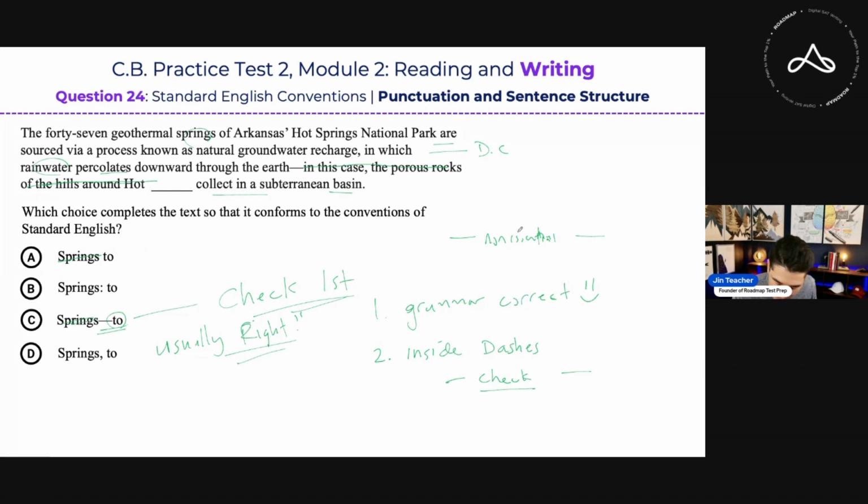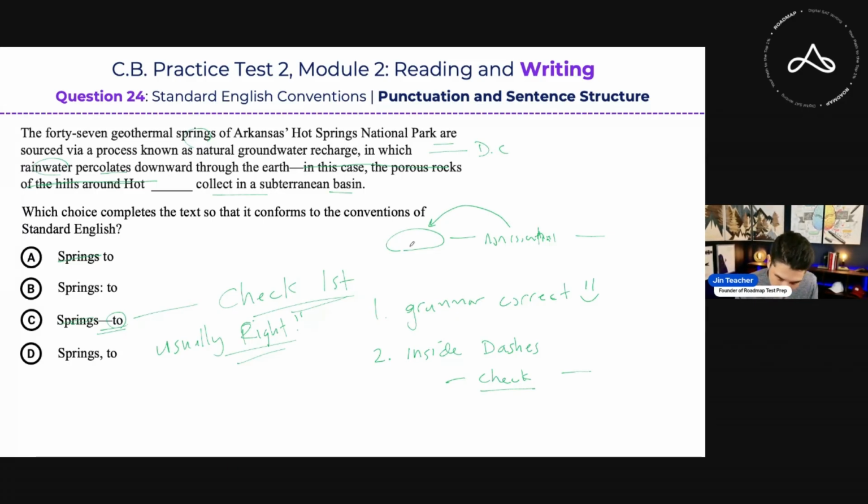Almost always, this non-essential information is going to be used to clarify the information that came before. It's usually meant to clarify the noun that came before the first dash, but it can also be used to just modify the entire clause or something. It just kind of depends.